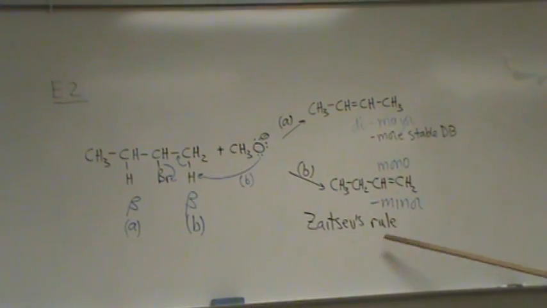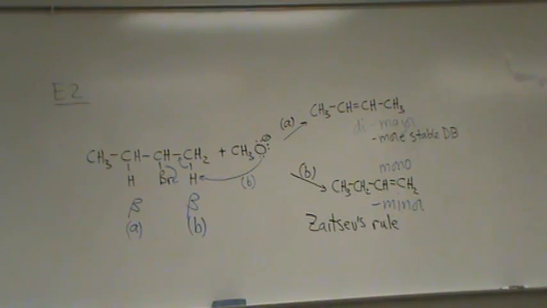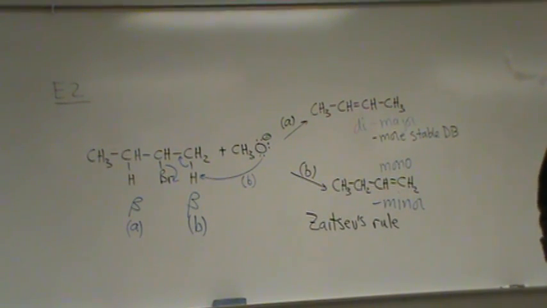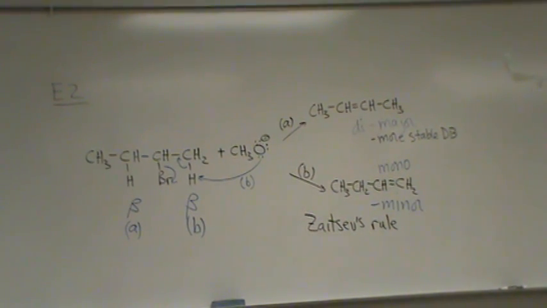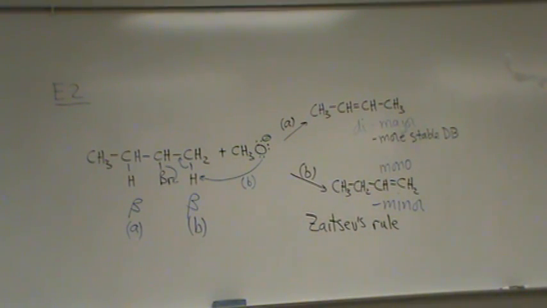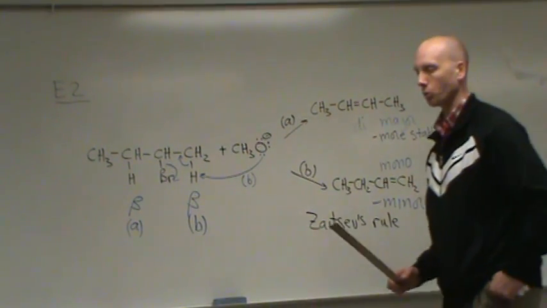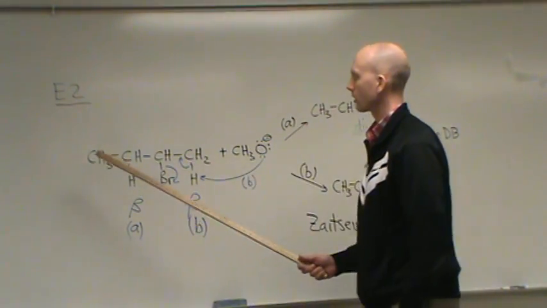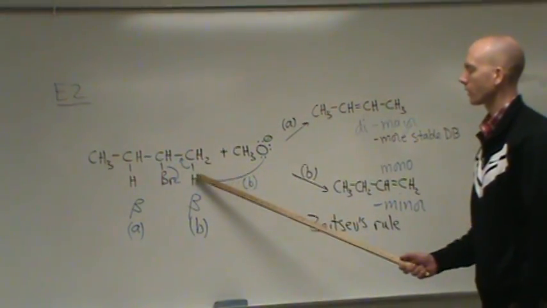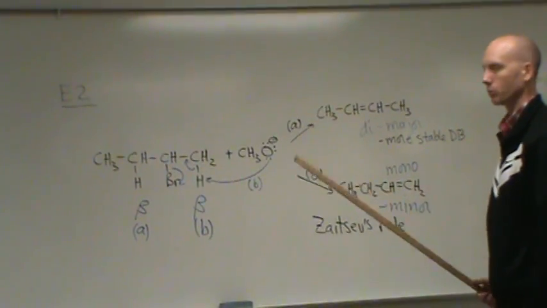When we get into chapter 8, we're going to see another important rule called Markovnikov's rule. We'll deal with that later on. So know how to use Zaitsev's rule, and know how to draw the E2 mechanism.